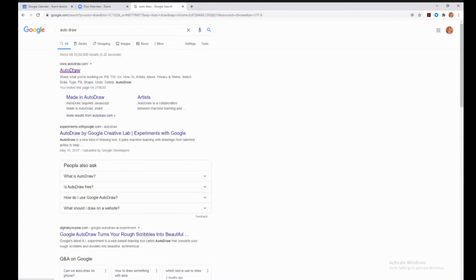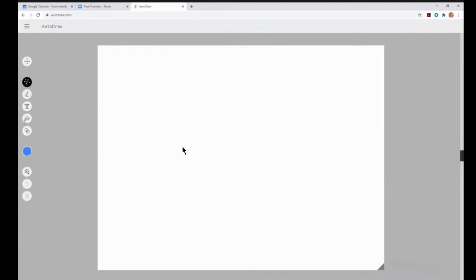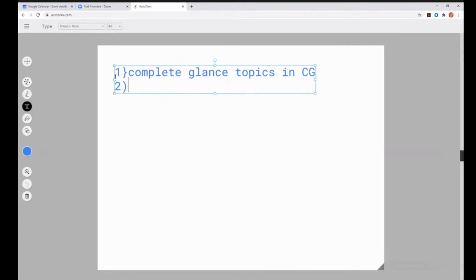Clear, all of you? Hope my screen is visible now. So today, first we have seen a complete glance of the topics we are going to see in computer graphics. And the second part we have seen is the definition of computer graphics.